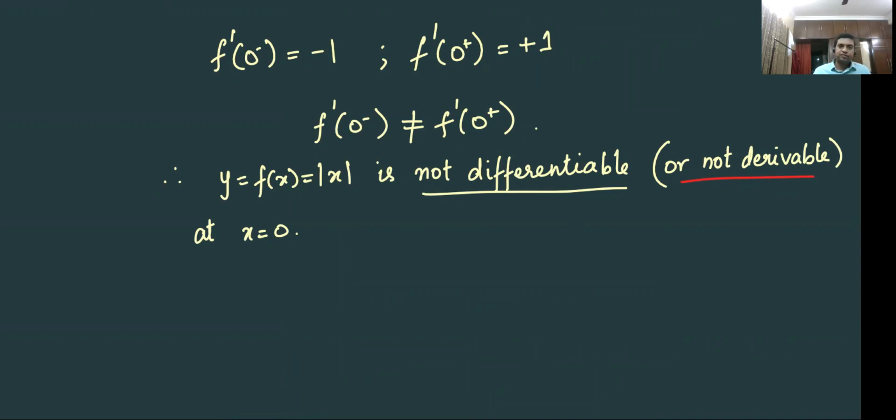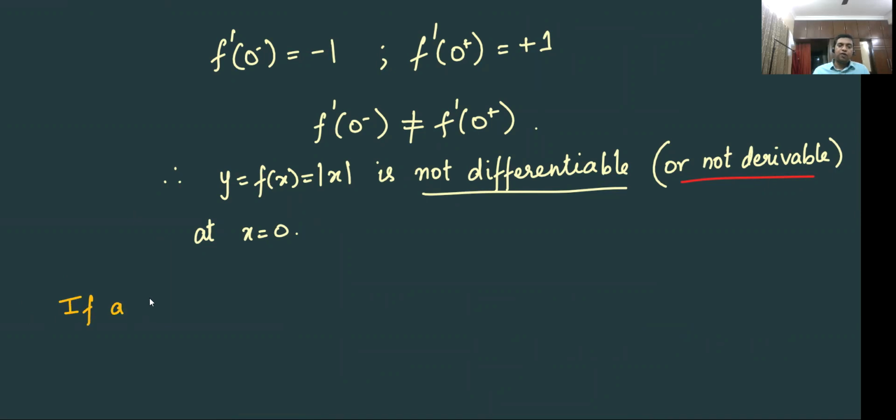Next is derivative or differential coefficient at a point. This concept is the same. When a function is differentiable at a point, we call that, okay, I'll write this here.